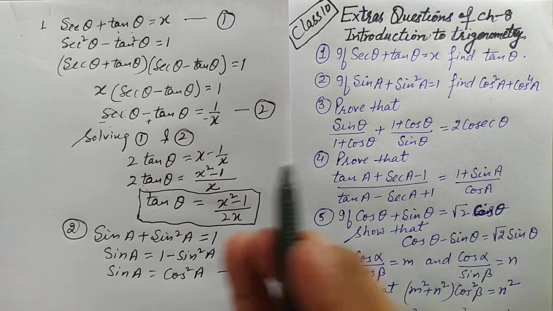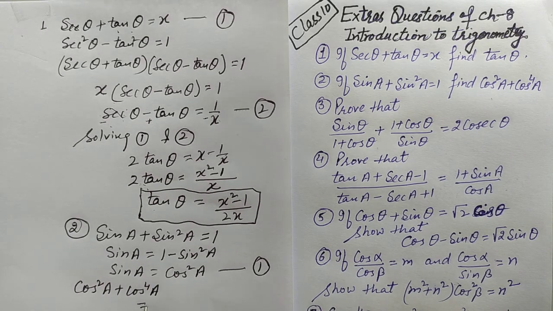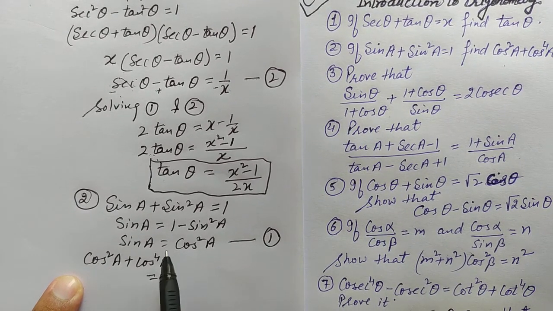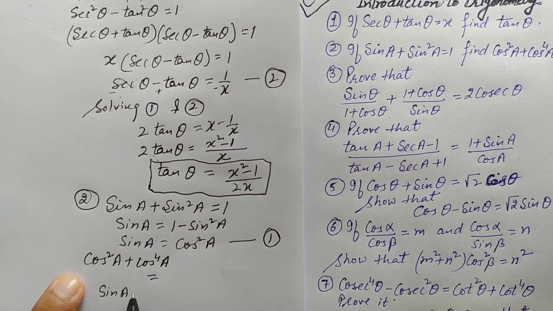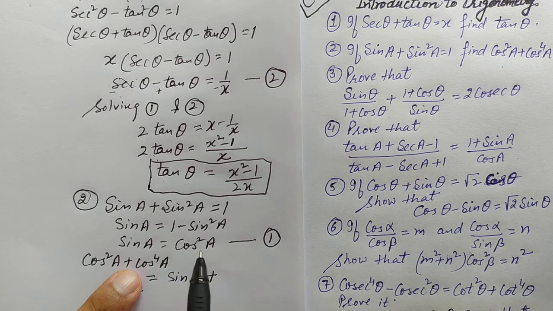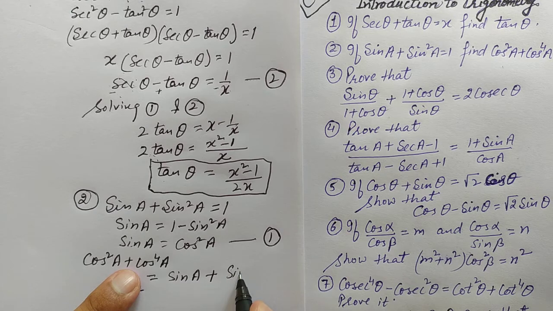Suppose this is equation number 1. Now we have to find out cos square a plus cos power 4 a. Since sine a is cos square a, we can write sine a in place of cos square a. Then cos power 4 a: cos square a is sine a, so after squaring, cos power 4 a is sine square a.